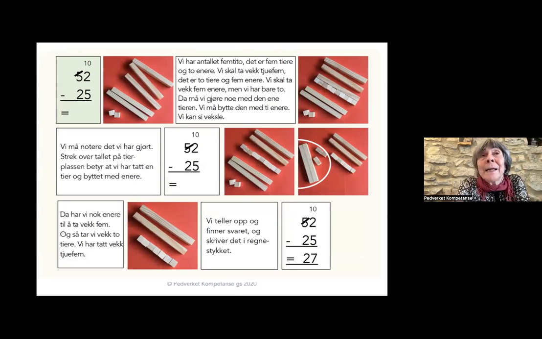Also with the subtraction, and of course, this becomes more important the more complicated numbers we work with, and the more digit numbers we work with. And here, with only 2 digits, it's easier to do it just mentally without the concrete possibilities. But for some kids, that's really a requirement to be able to do it in reality.